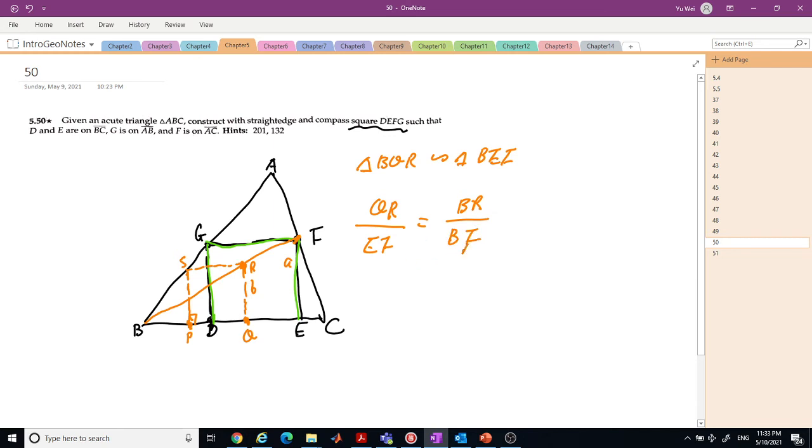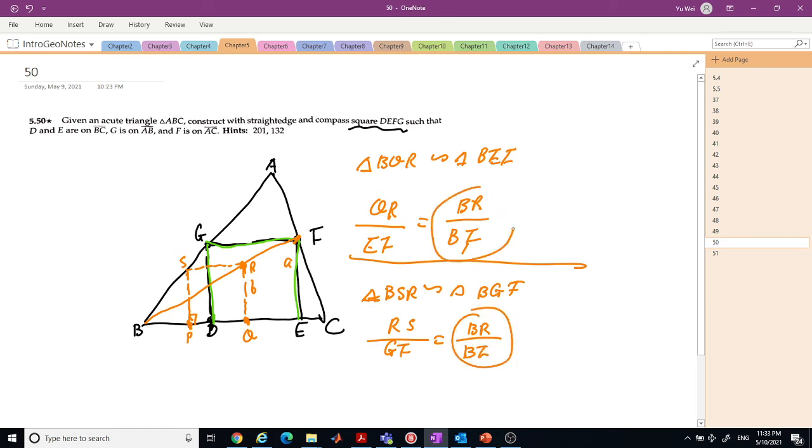And also from triangle BSR similar to triangle BGF, we know RS over GF is also equal to BR over BF.